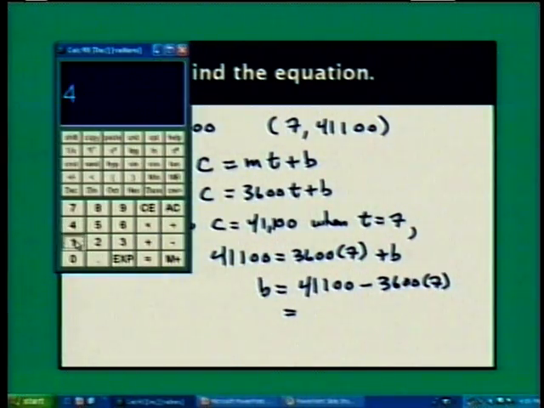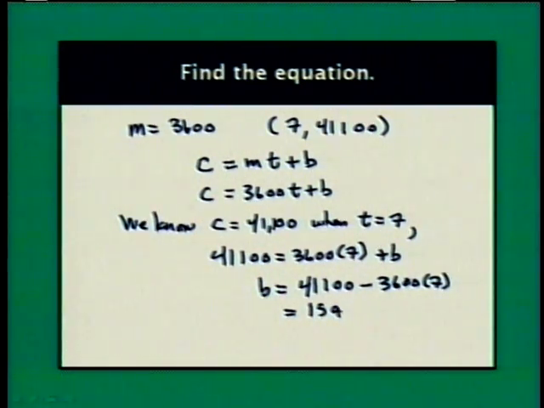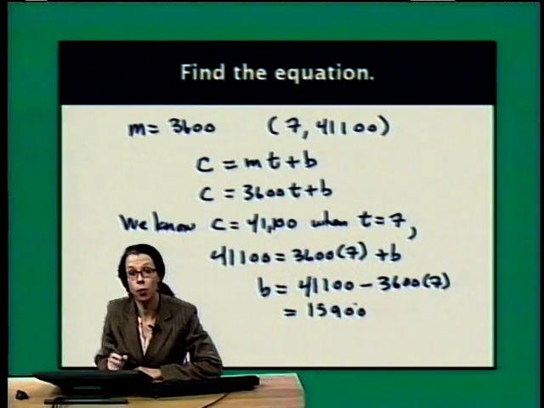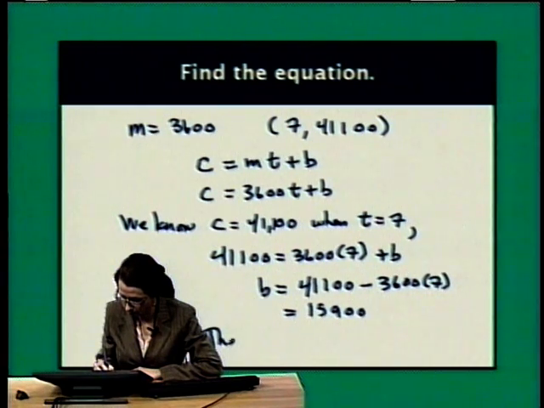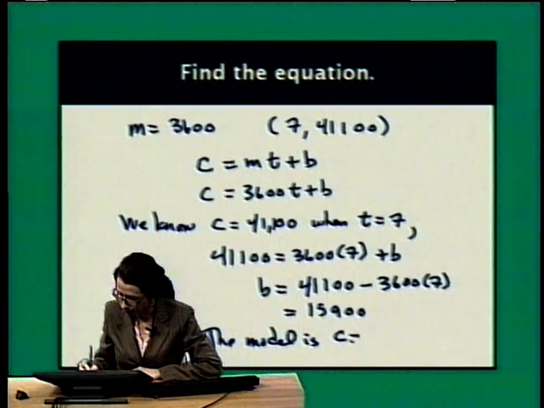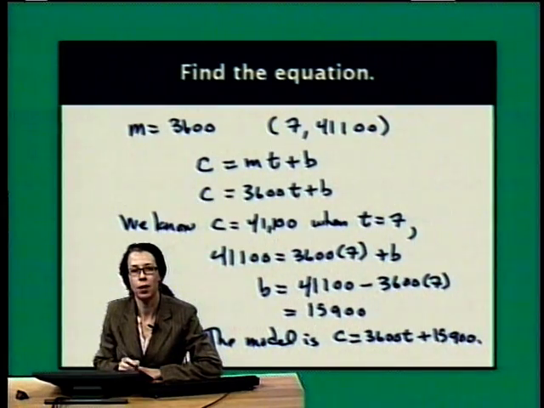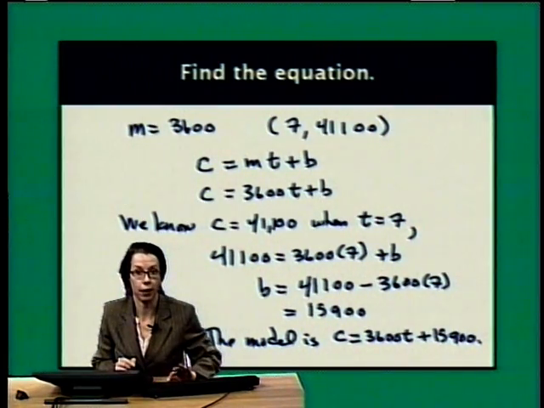So 41,100 minus 3,600 times 7 is 15,900. So I have my model. The model is C equals 3,600 T plus 15,900. But I probably should do a check.